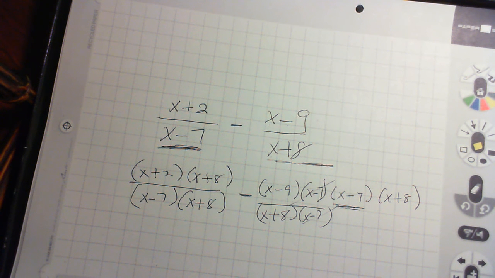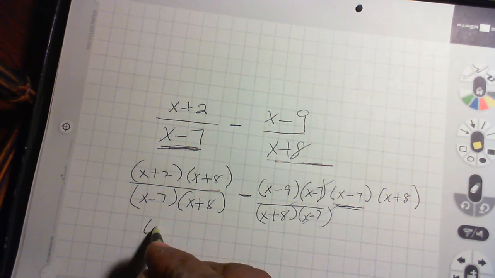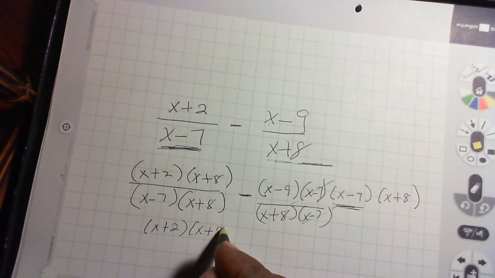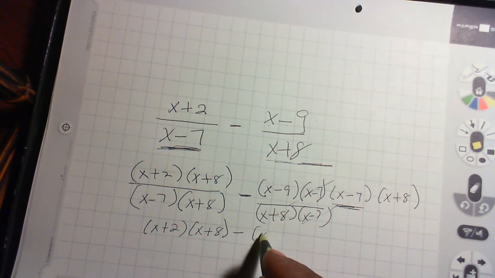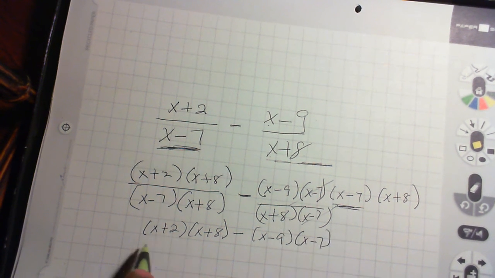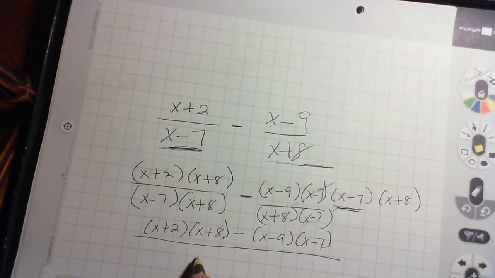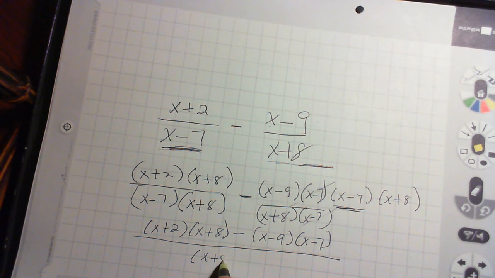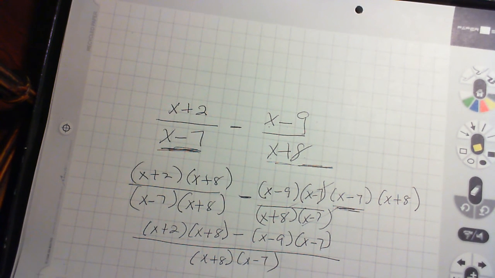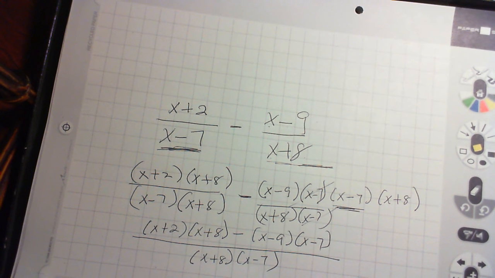Now, the denominators are the same. So you can just simplify the top, combine the fraction now. So you have x plus 2 times x plus 8 minus x minus 9 times x minus 7 over the least common denominator, which is x plus 8 and x minus 7. Now what can you do? You go ahead and multiply this out.